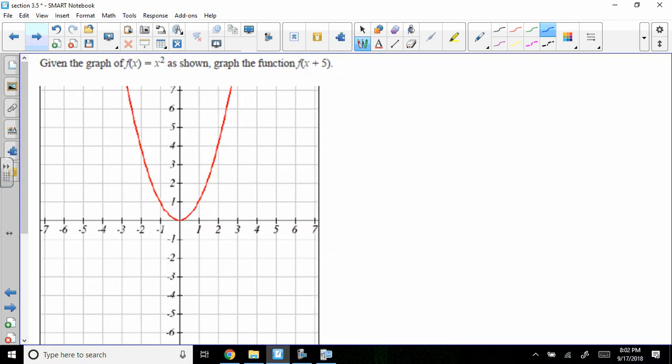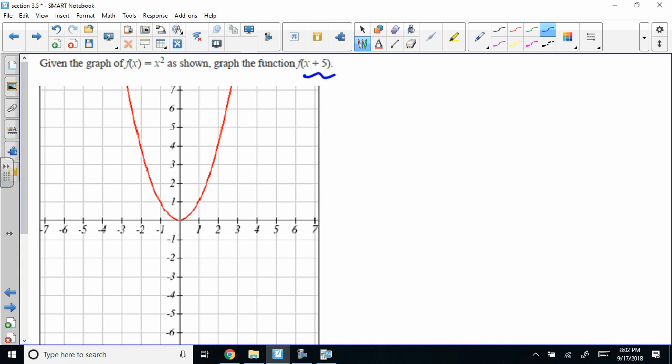Okay. What about this one? Graph the function f of x plus 5. Well, first off, what is x plus 5, guys? Is it inside the function or outside the function?